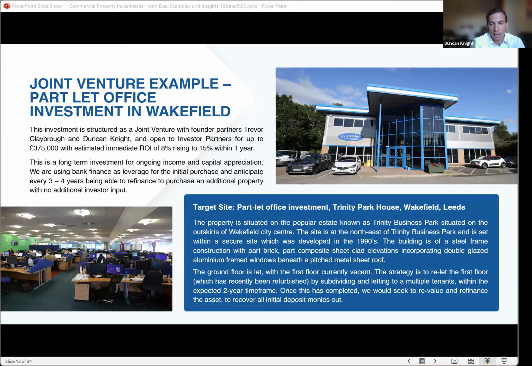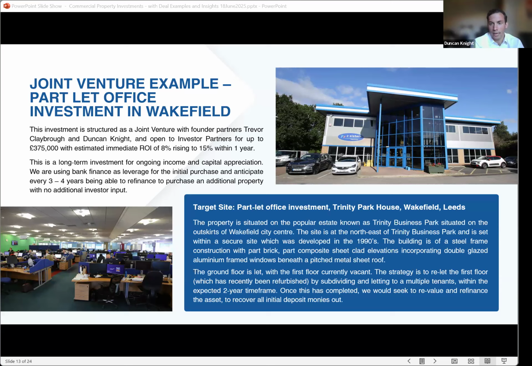So it's a very well kept trading office park. And the building is in great condition. It's essentially one large building split into 2 floors. So you have a ground and then you have a first floor. At the moment, both are open plan.